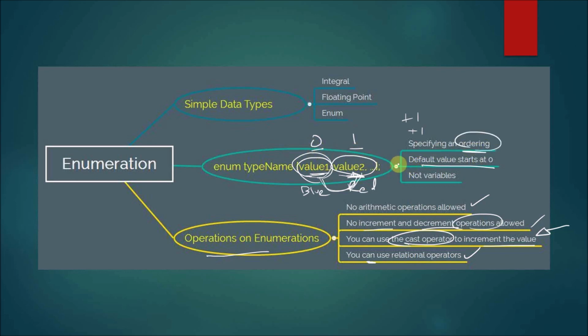So if you say blue greater than red, in this case blue is 0, therefore it's false. That's how you can use relational operators on enumerators.